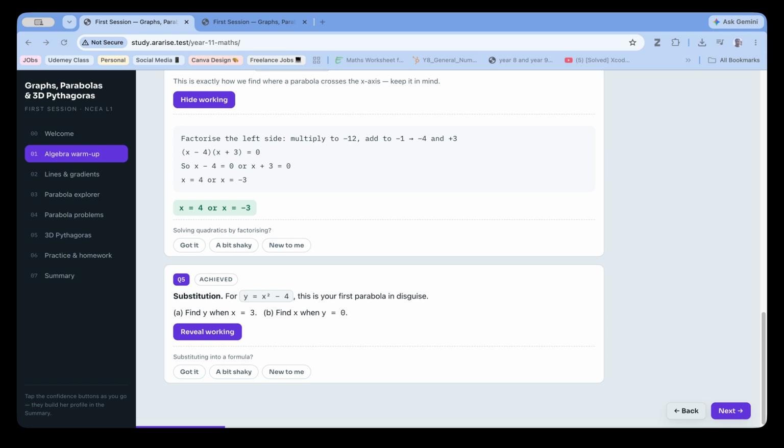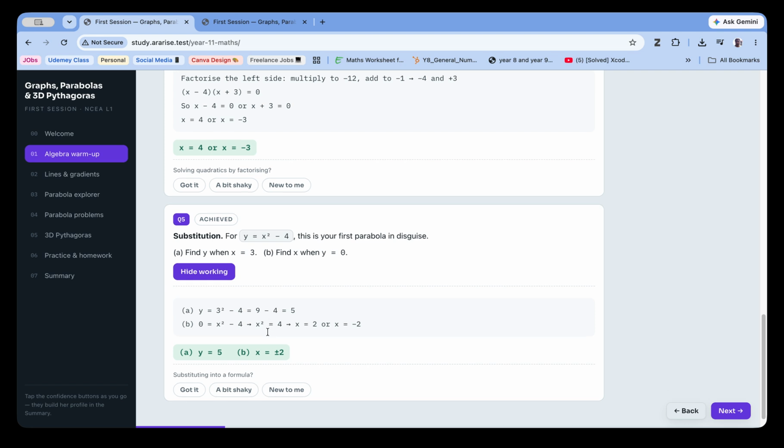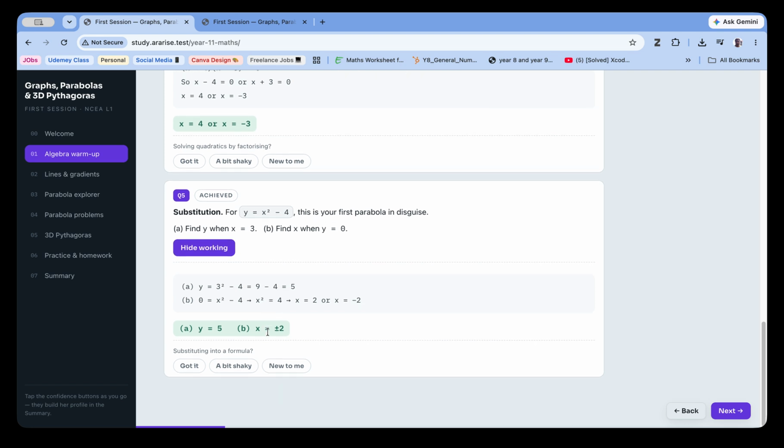Part B, find x when y is 0. So 0 equals x squared minus 4, which means x squared equals 4, so x equals 2, or x equals negative 2. And keep an eye on those two answers, because they're the exact spots where the graph touches the x-axis. We'll come right back to them.